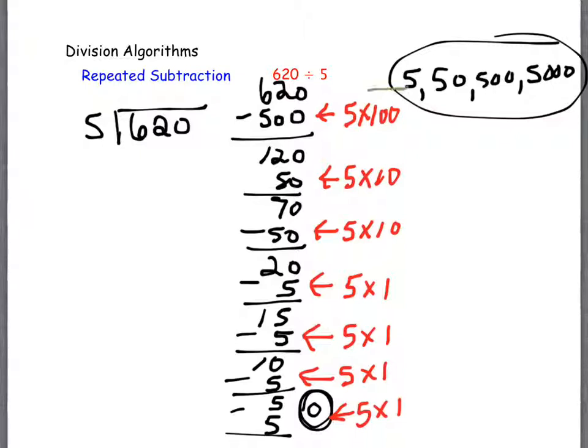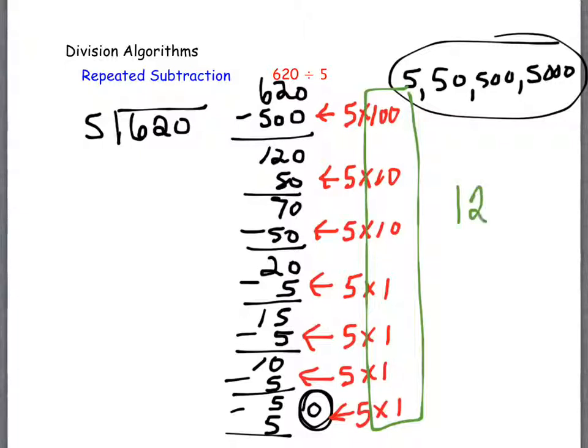The answer is this sum. 100 plus 10 plus 10 plus 1 plus 1 plus 1 plus 1. That's the answer. It's 124. So I have 1 100, 2 10s, and four 1s.